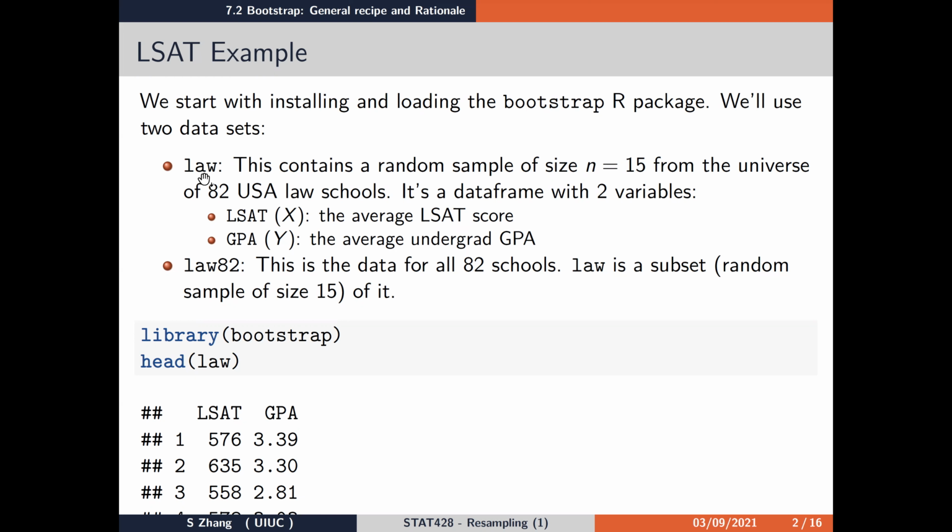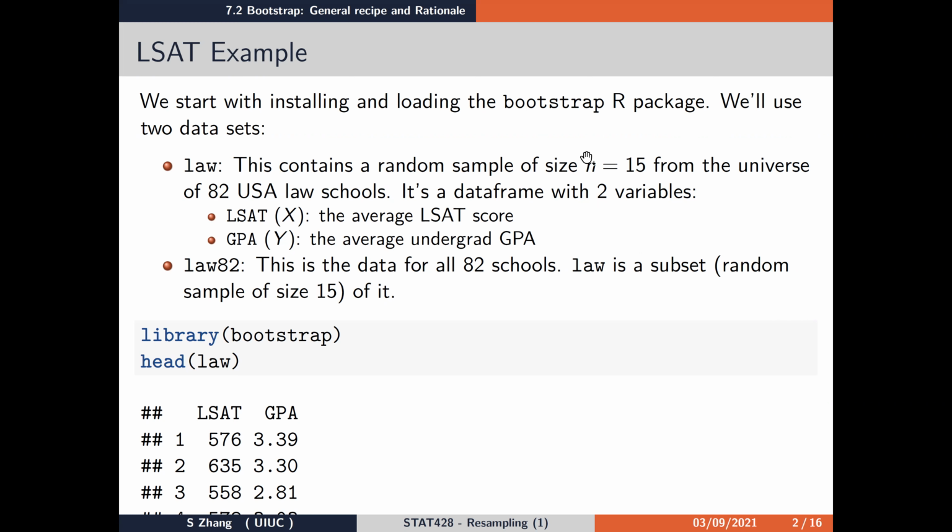One of them is called law. This contains a random sample of n equals 15 universities in the US from a population of 82 USA law schools. So we have 15 random samples from the 82, and that's the data we have.